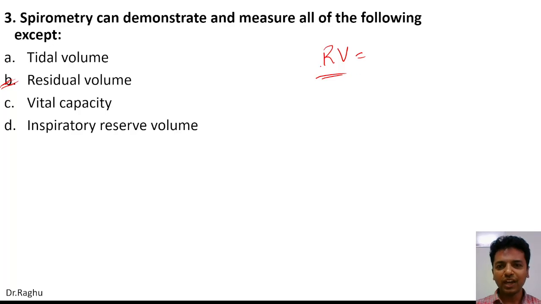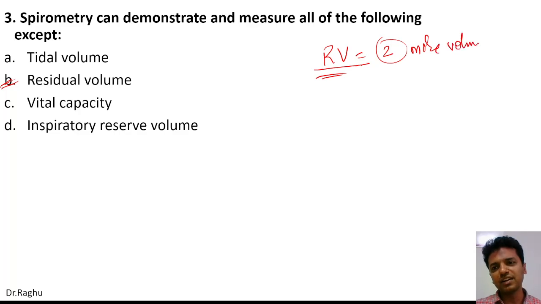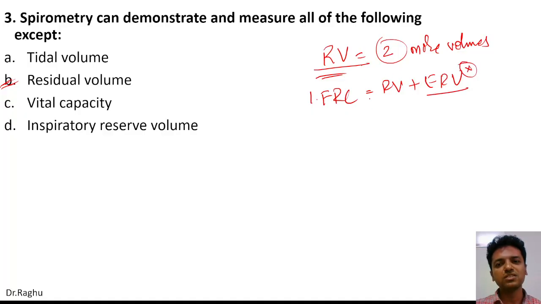Since we cannot measure the residual volume, we also cannot measure two more volumes which are related with residual volume. That is functional residual capacity. Why? Because functional residual capacity is a combination of residual volume and expiratory reserve volume. I can measure expiratory reserve volume, but I cannot measure residual volume.